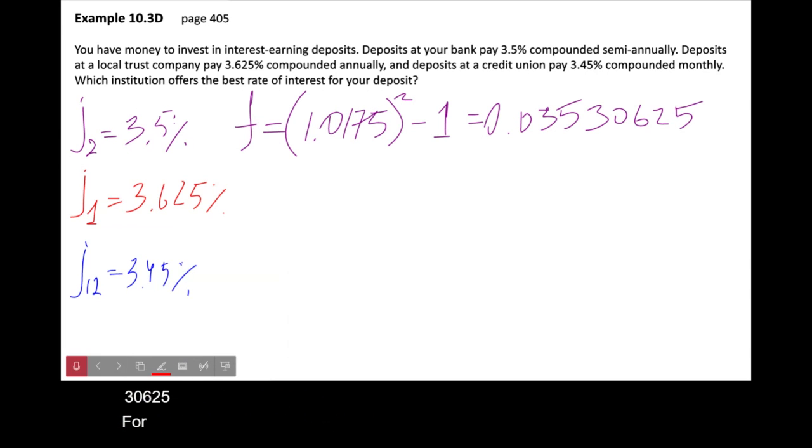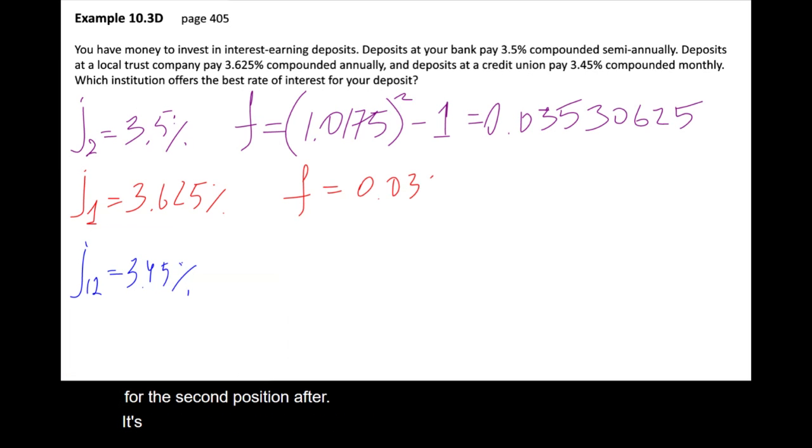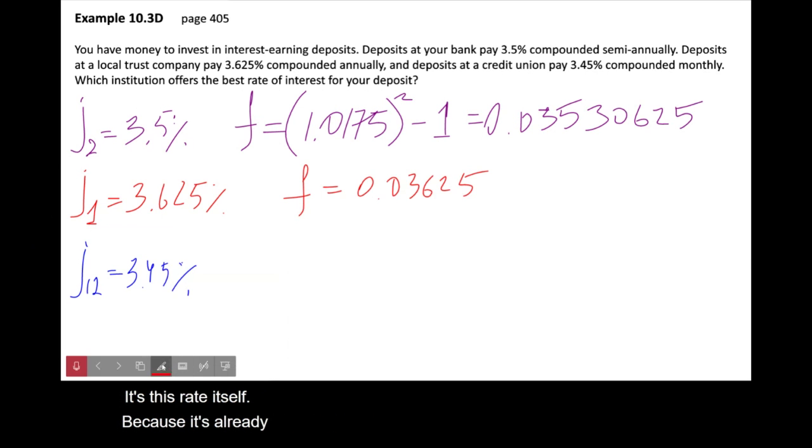For the second position, F is this rate itself, because it's already calculated once a year, right?